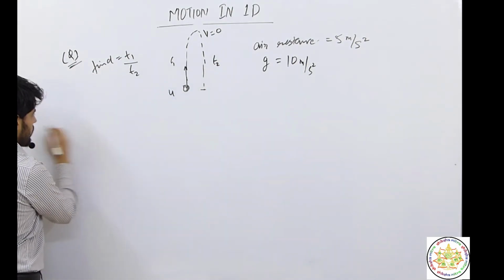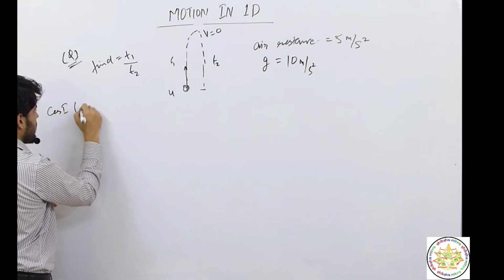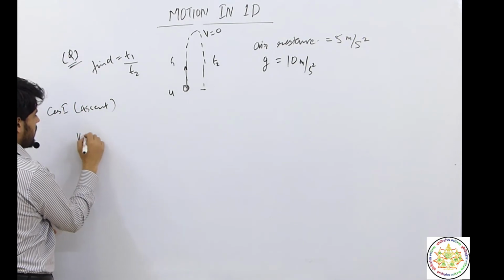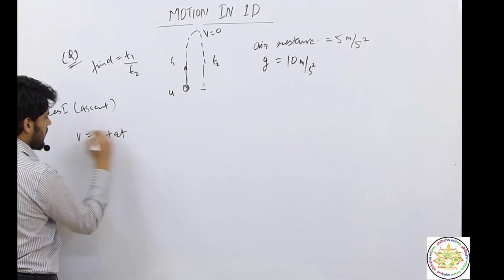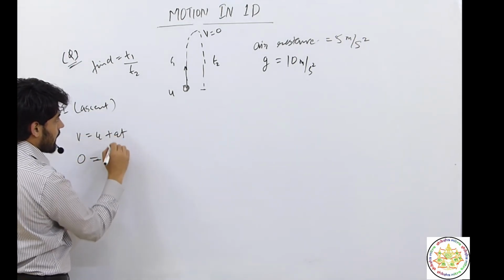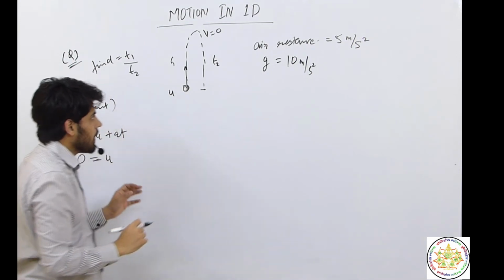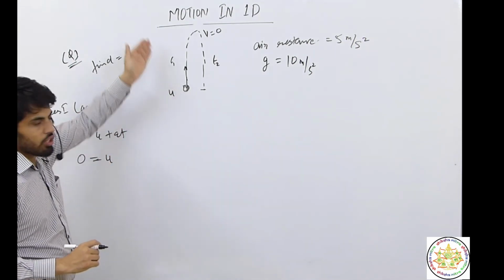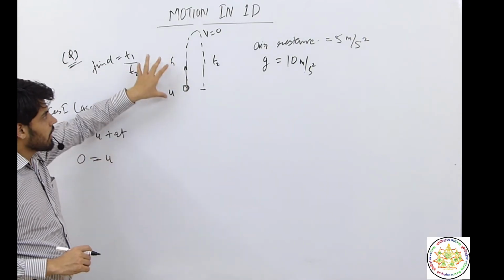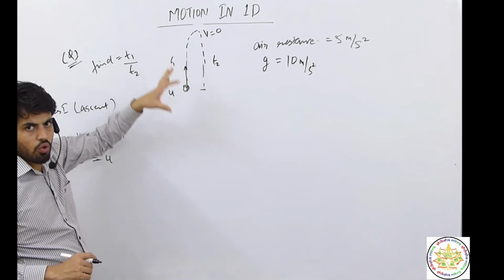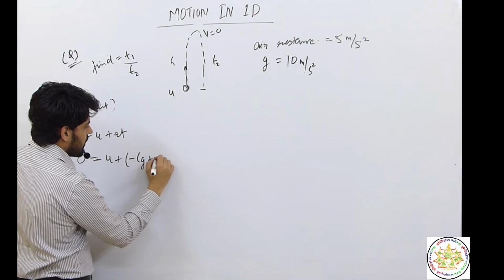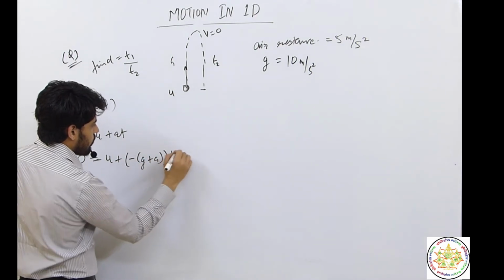So for case 1, the time of ascent, we'll use v equals u plus at. Final velocity is 0, initial velocity is u, and the acceleration will be, when the body is moving in the upward direction, the acceleration due to gravity is in the opposite direction, and also the air resistance is acting in the opposite direction. So we will use minus (g plus a) into t.